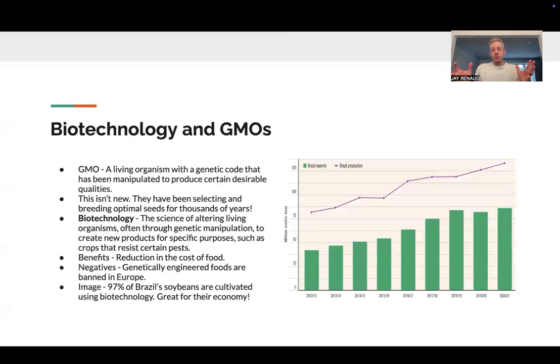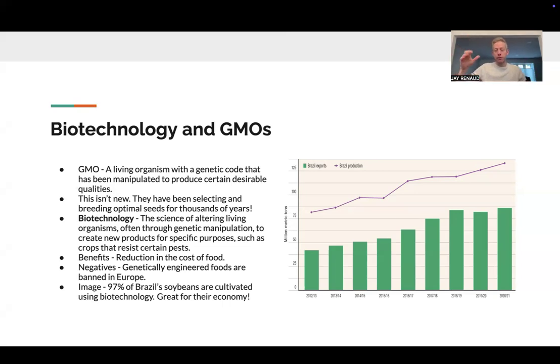Okay, GMOs are a type of biotechnology. Again, let's go back to the topic 5.5 with the green rev. We can produce so much more food, okay, with genetic modification. Also, humans have been genetically modifying forever. It's just the way that it's done now in a lab, more scientific, that is fairly new.